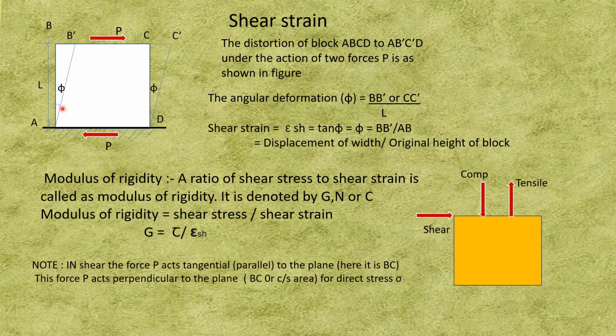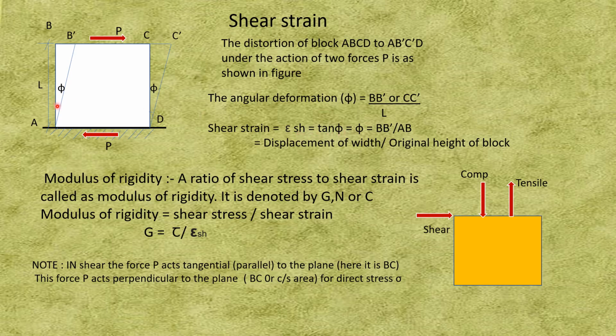So what happens is B shifts to B dash, then there will be an angular deformation phi. The angular deformation phi will be equal to BB dash, or CC dash, divided by L, where L is this length AB. So shear strain, which I am writing as epsilon, SH stands for shear, will be equal to tan phi.